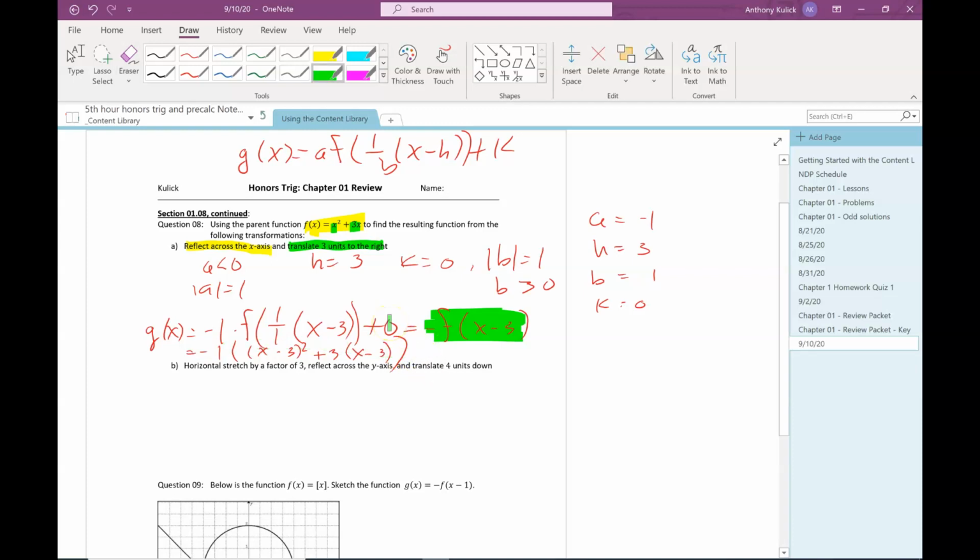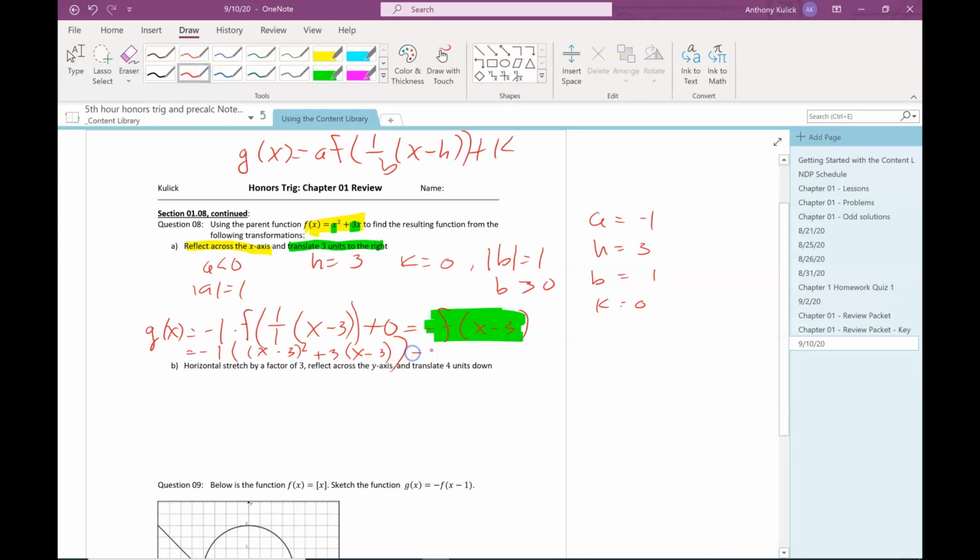That's what that means when we have something inside, like that function notation. Like if I did f of 3, I'd put a 3 everywhere there was an x, right? If I have x minus 3, I'm just going to put x minus 3 everywhere I have an x. We still have to keep going because we still have more to do here.